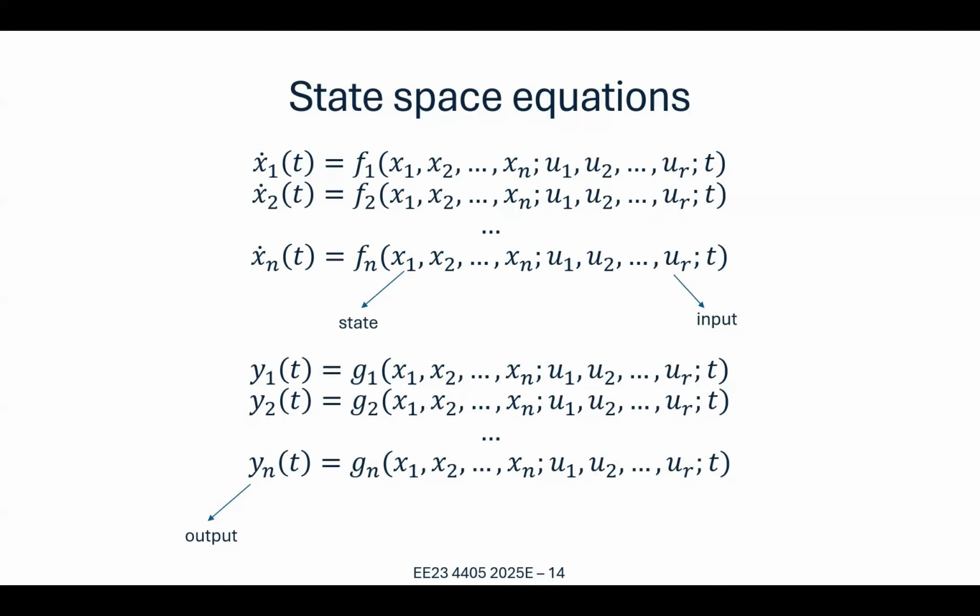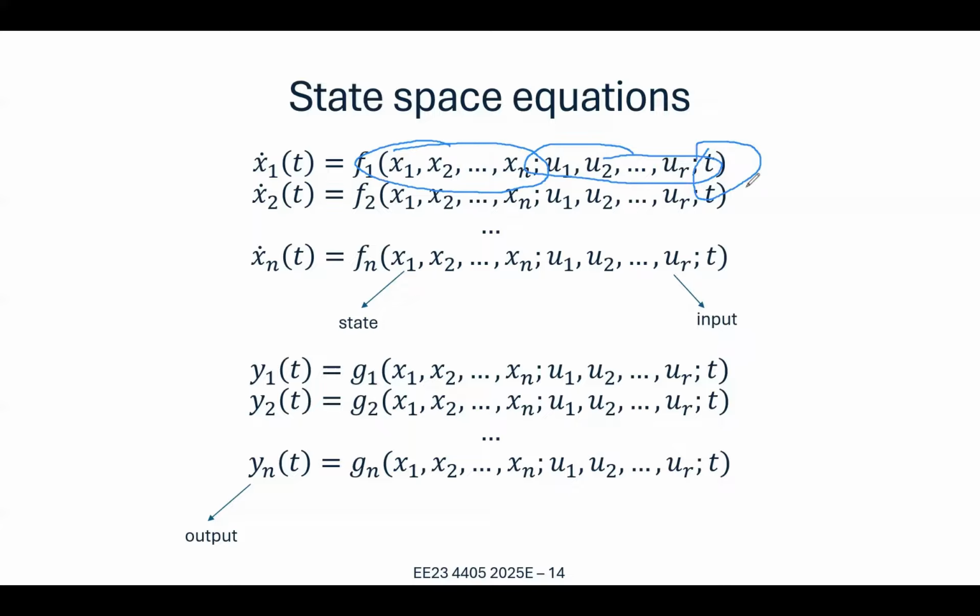So here we have the states up to n, and there is also the input. The one with u here is the input, and this input is from 1 to r. And then there is the notion of time, so it could be time dependent, not time invariant.